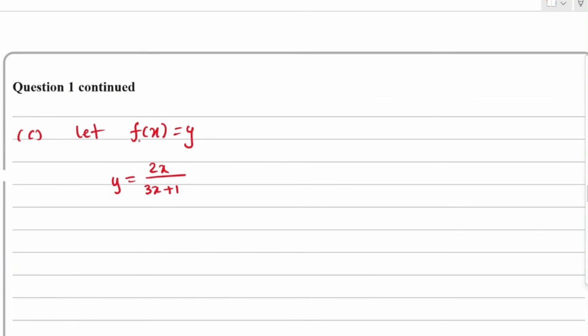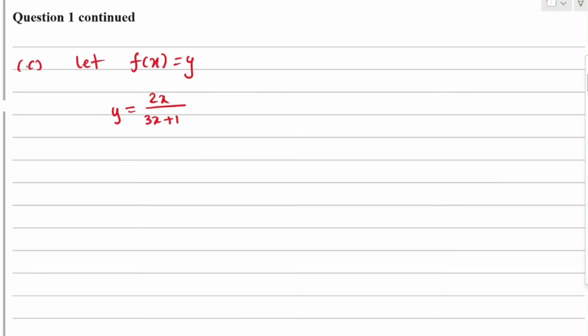As we have assumed that f(x) is equal to y, we can say that y is equal to 2x divided by 3x plus 1. Now we can make x the subject of the formula. Making x the subject of the formula will give us the inverse function. So we can cross multiply.